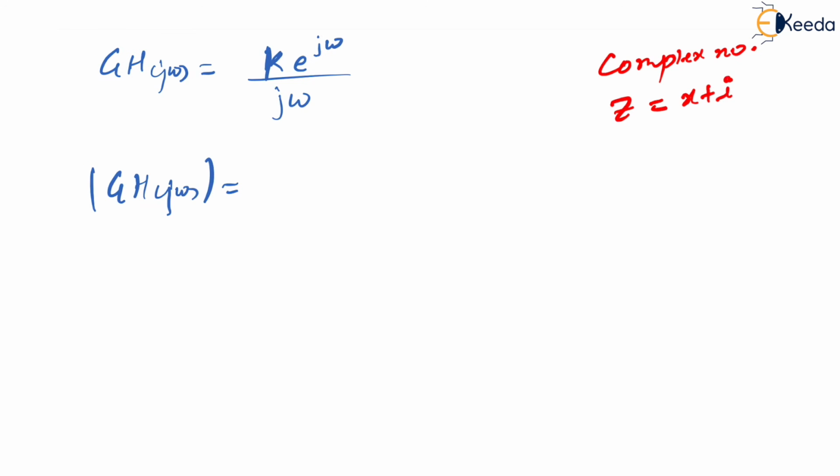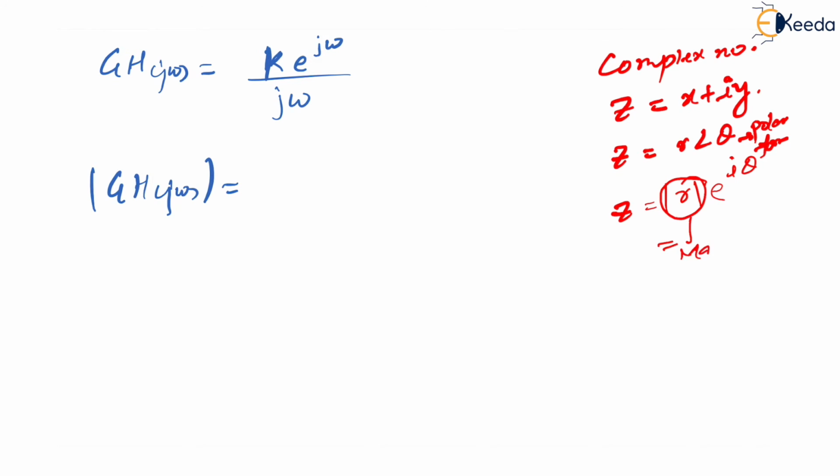Any complex number z is represented in Cartesian form as x plus iy, as r at an angle theta in polar form, and then there is one more form, the exponential form, r into e to the power j theta, where whatever is alongside e is nothing but the magnitude.